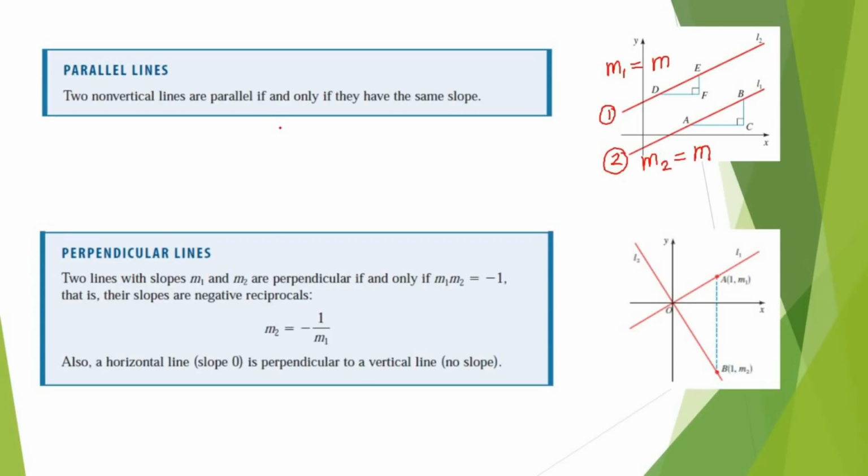The equation is y equals mx plus b sub 1 for line number 1, and for line number 2 we have mx plus b sub 2. So these lines are parallel.